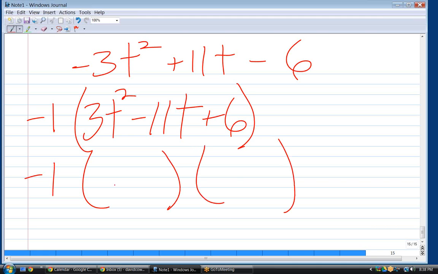Break up the t's. So it'll be 3t squared. And then just t. It's not 3t squared. It's 3t times t, because that produces 3t squared. Always remember that when you multiply that back together again, it's got to produce this term.